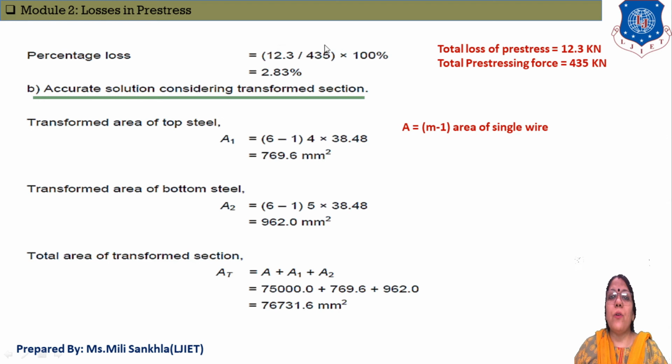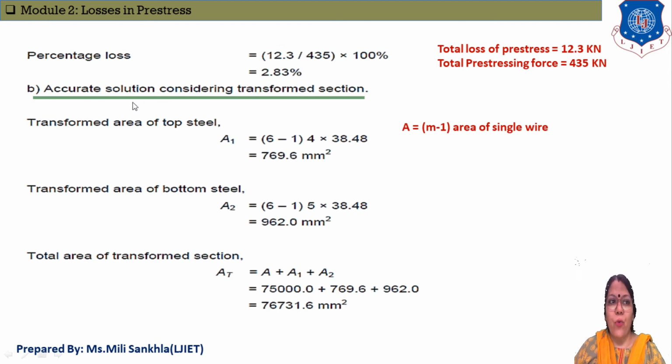Our loss is equal to 12.3 kilonewton and initial pre-stressing force Pi is equal to 435. Divide 12.3 by 435, multiplied by 100, and my final loss with respect to the approximate method is equal to 2.83 percent.